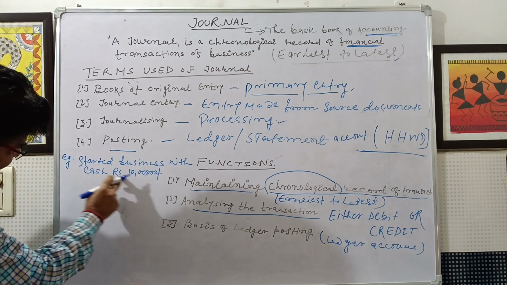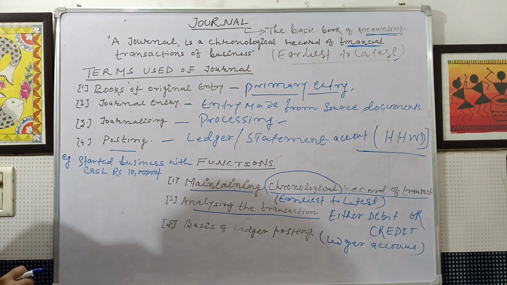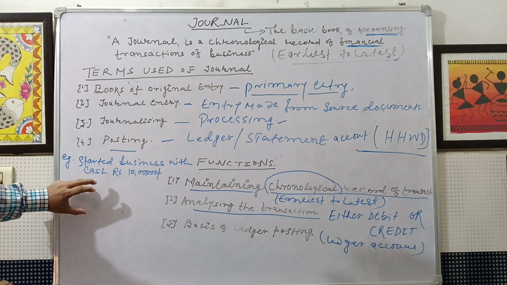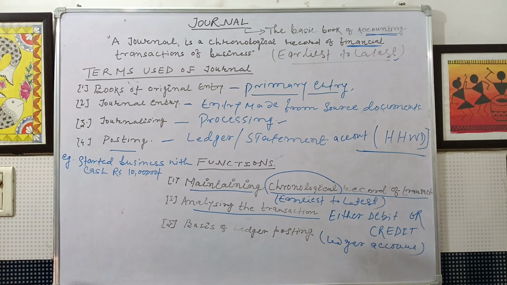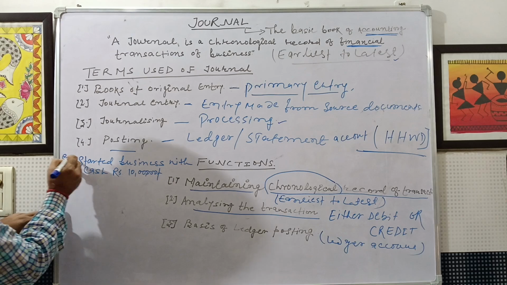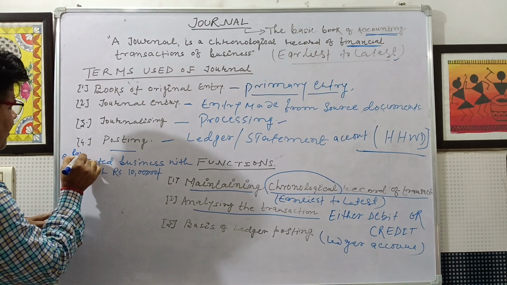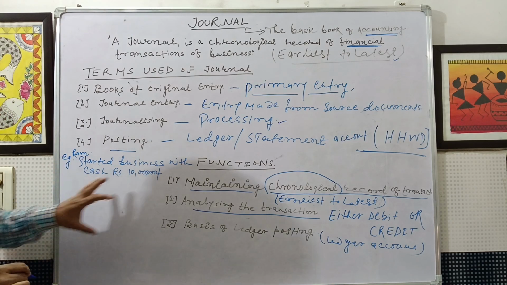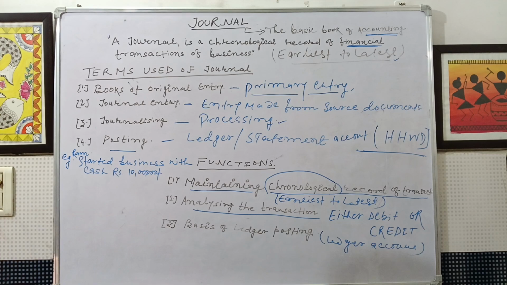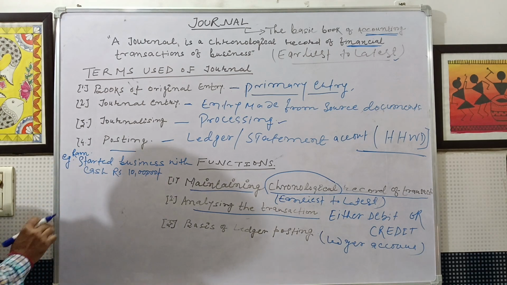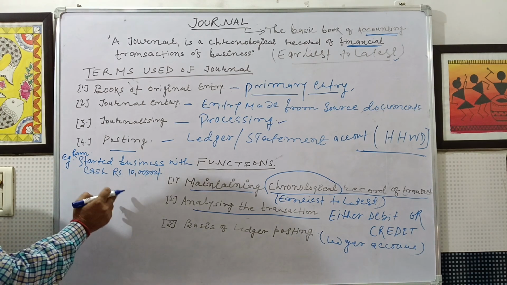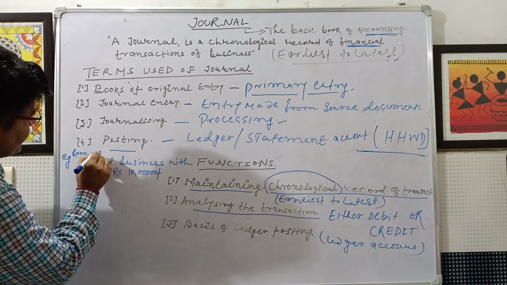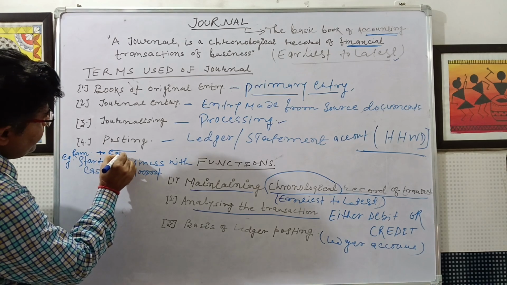In this transaction, we have two things: one is the cash account and another one is the capital account. Suppose Ram started business with cash rupees 10 lakhs, and Ram gave it to Ram and Company.